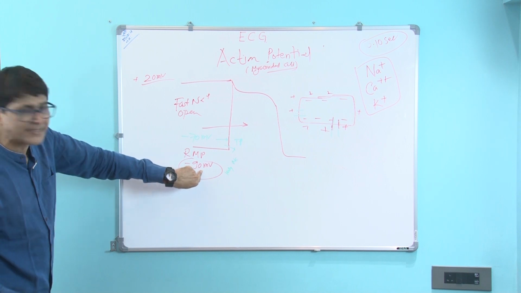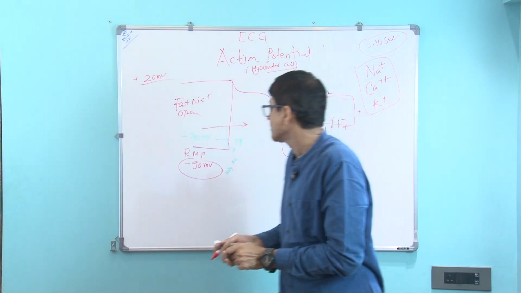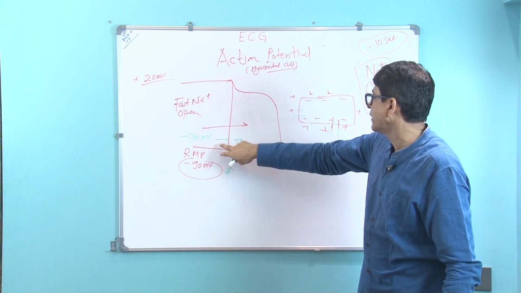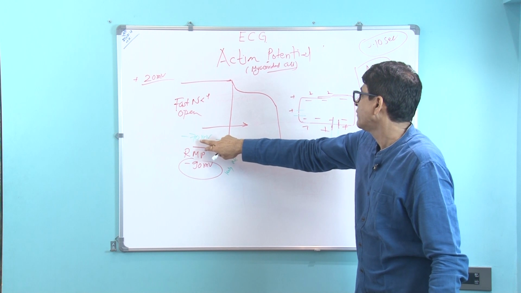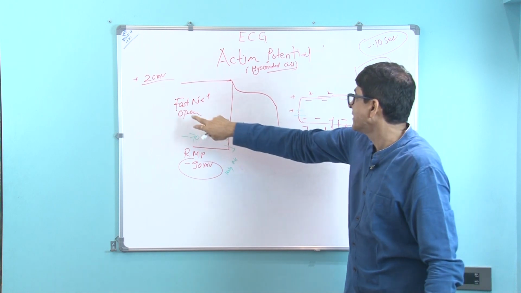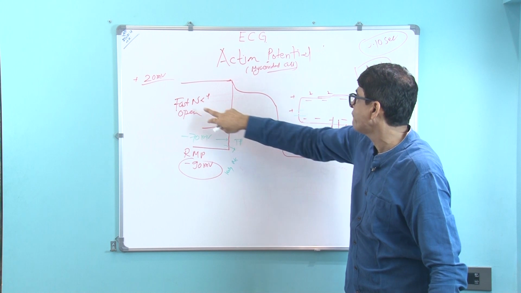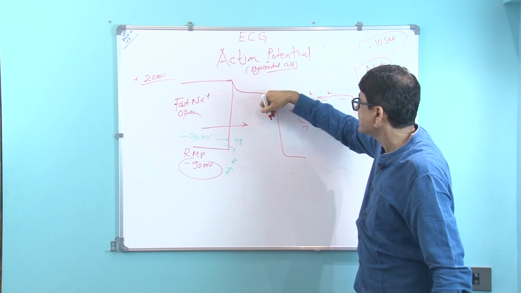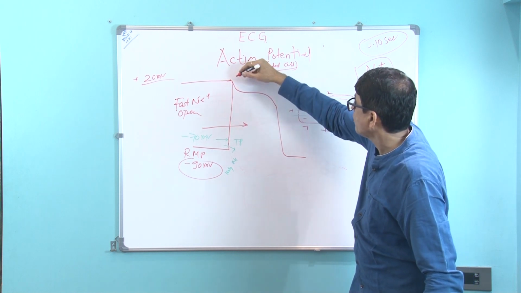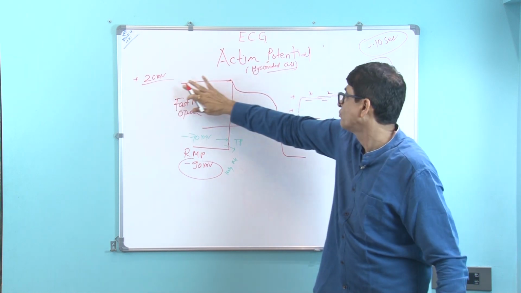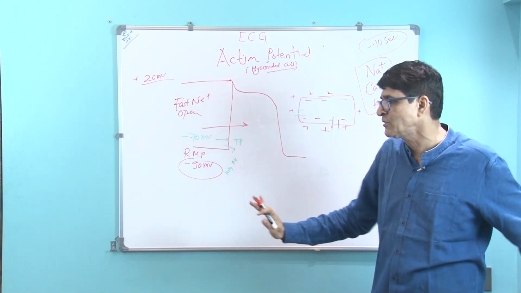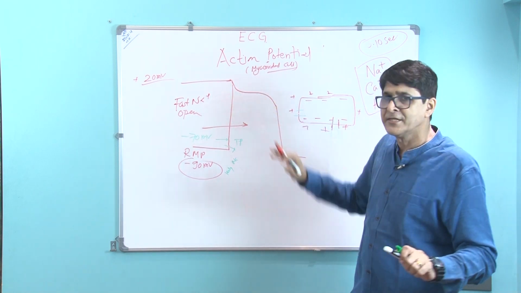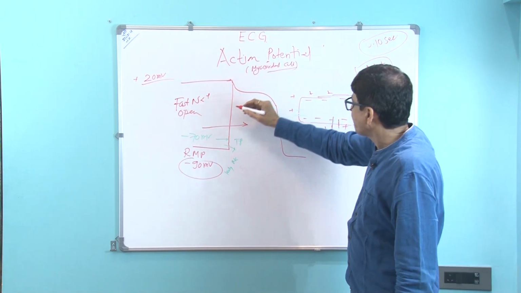So starting it was minus 90, then with leaky sodium entry it was minus 70, and suddenly at this threshold potential the fast channels opened, and there is a gush of sodium inside the cell, so the voltage becomes plus 20. So the depolarization is over. Your depolarization part of the action potential is over. So this is phase 0.